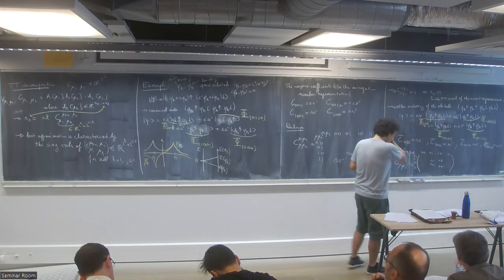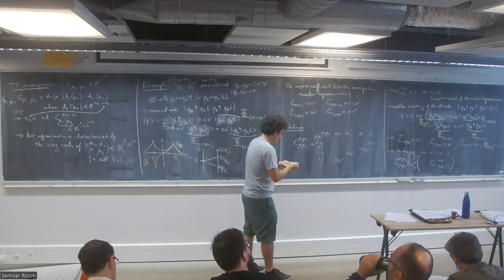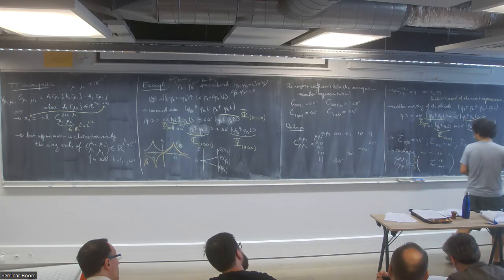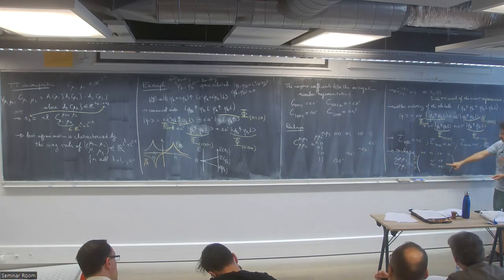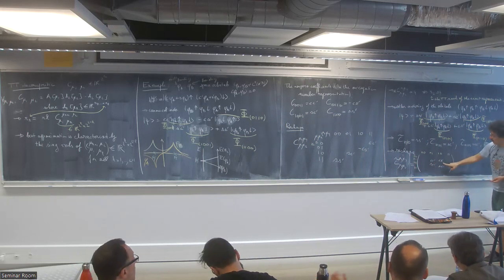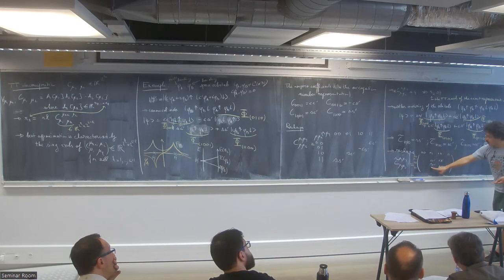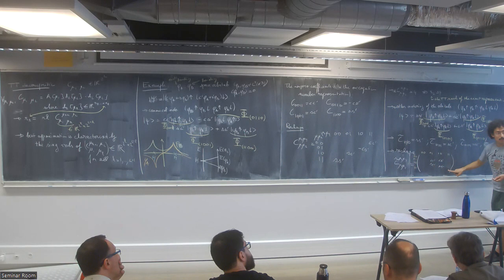Okay. And so now another thing that you notice is that to go from one row to the next, you multiply C prime S prime by C in the second line of the matrix, and by S in the third line.